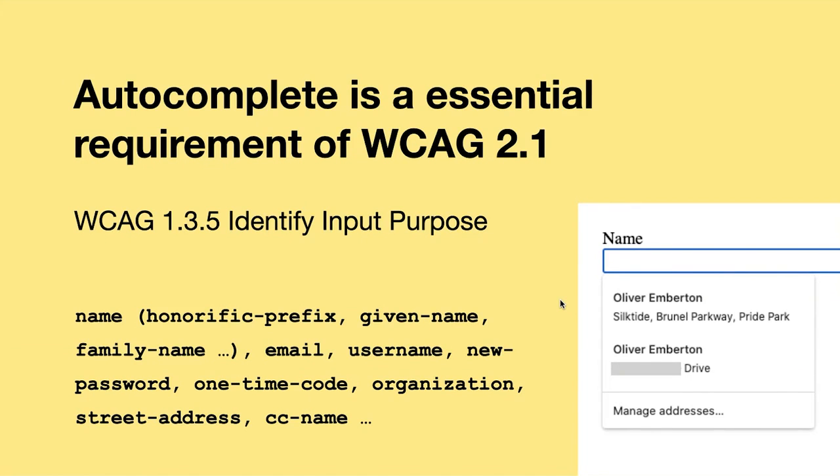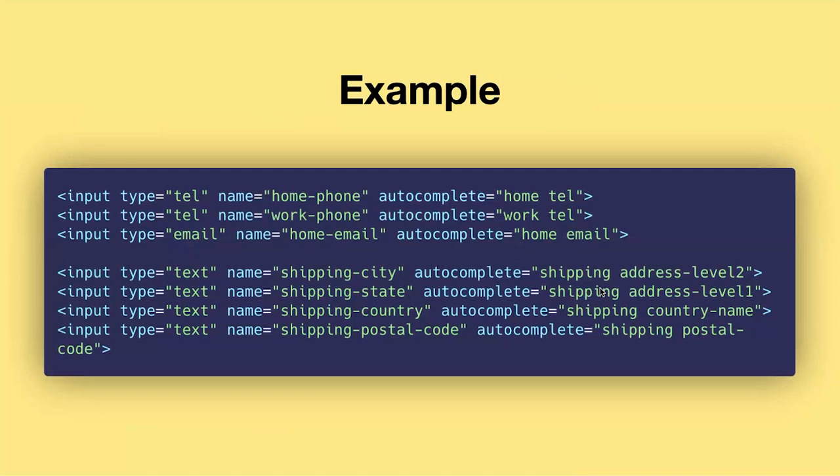So the classic example you've probably seen is something like this form here in the bottom right, where you've got a name field and it's like, oh, do you mean, and then your name, right? And you can select that. But every browser, every computing device tends to have their own version of this. Your phone will do something similar. The key thing is you need to tell the browser what the information you're asking for is in a standards compliant way, and then it can provide this for them.